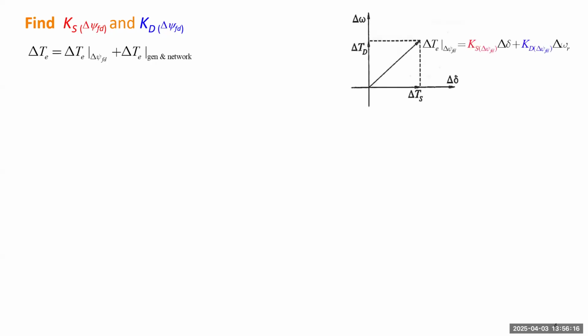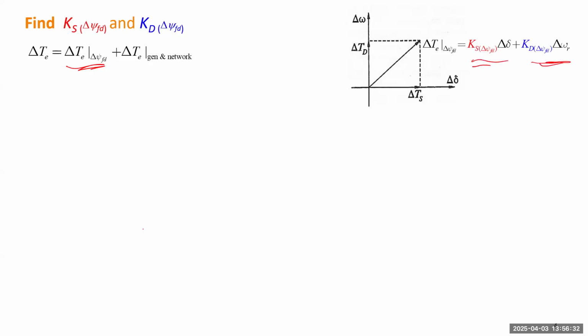So let's figure out how to determine the effect from the excitation system. The excitation system mainly determines two coefficients, right? Ks depends on the change of the excitation, which is the flux linkage of the field winding, and Kd depends on the change of the field winding. If we draw the first component, only the electric torque depends on the change of the flux linkage in the field winding, so it will have two components.